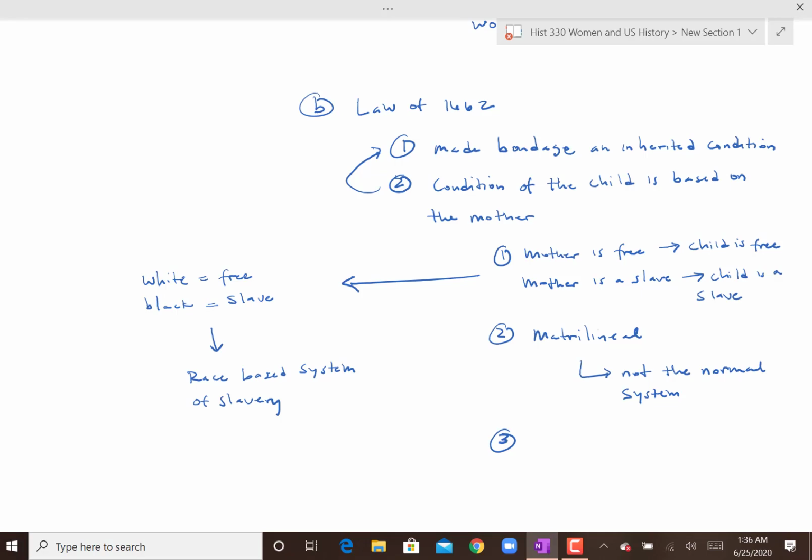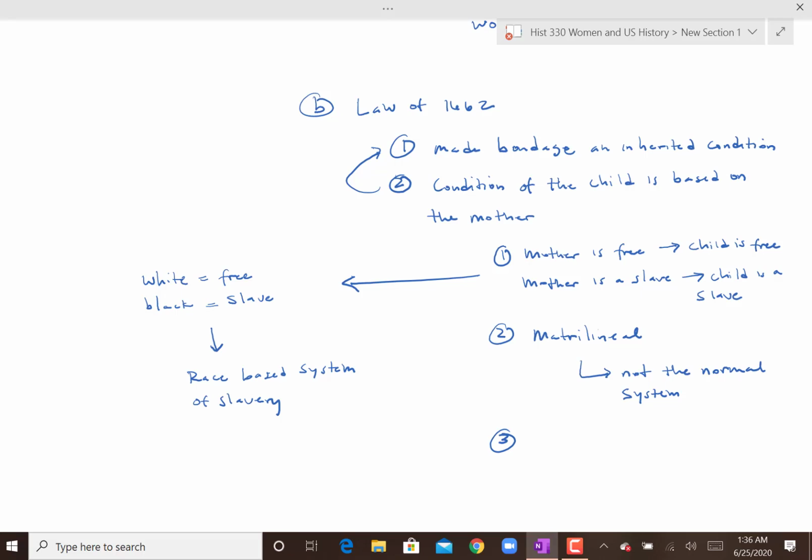There is also a second part to this, which was that this was already happening: slave owners were raping their slave women, and if it stayed patrilineal, then those children would be born free, because it would follow the patrilineal line of the father as what condition the child inherits, right?